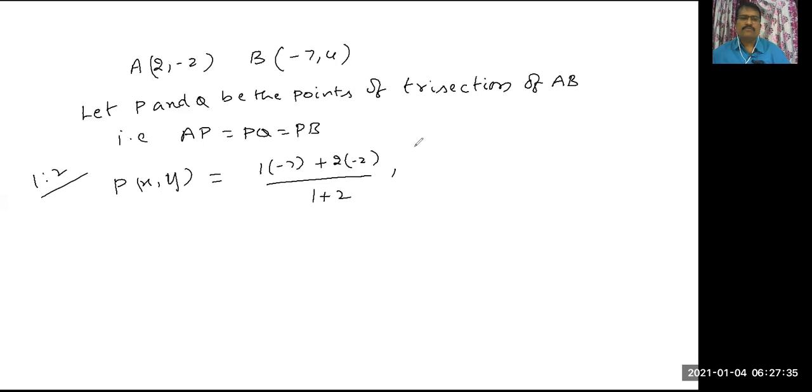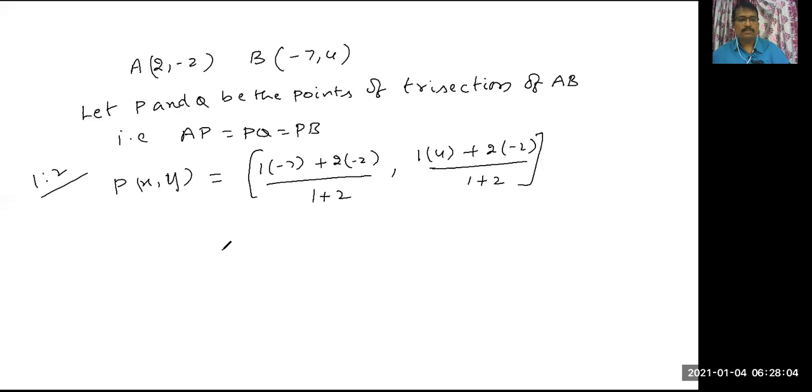Next, my2, that means 1 into 4, plus n y1, that means 2 into -2, by 1 plus 2. The formula is (mx2 + nx1)/(m + n). That's it.